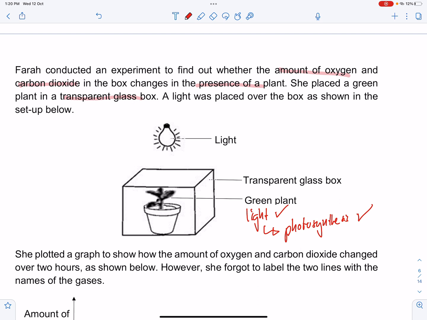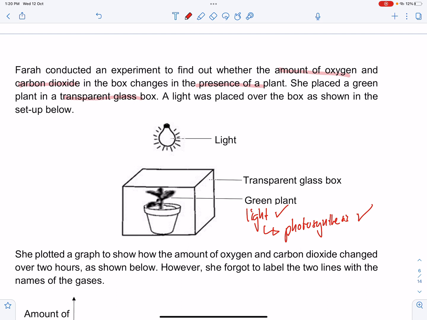Okay. And then this person wants to find out about the amount of carbon dioxide. So you should already reason with yourself that the carbon dioxide should actually decrease in the box because the plant is able to carry out photosynthesis. And when it carries out photosynthesis, it will take in carbon dioxide, thereby lowering the amount of carbon dioxide inside your box.